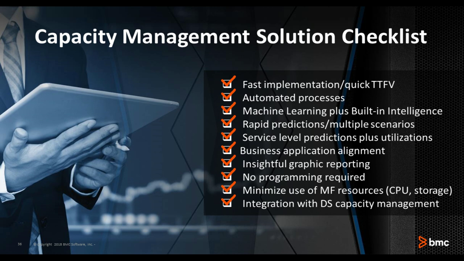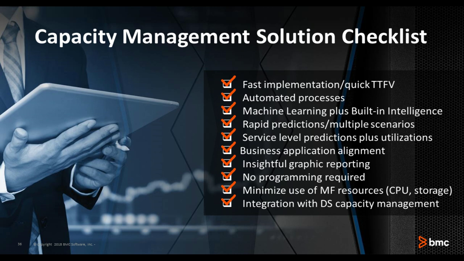So if you wanted to have a checklist, I provided this. Think about these things if you want to have your capacity management set up for handling the perfect storm and dealing with the digital disruption that we're encountering. You need to get up and running and implement quickly. Use automation everywhere, because we don't have the time, and in some cases we don't have the skills to be manually doing these things.